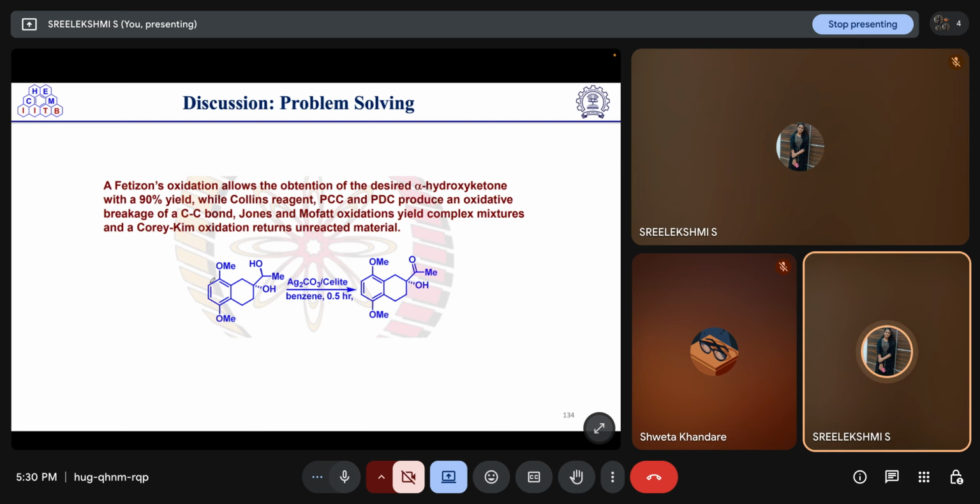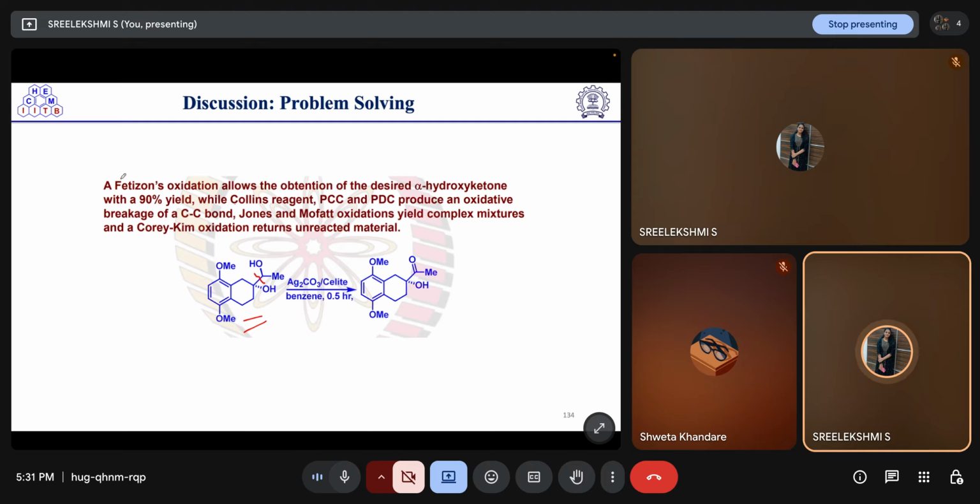Then if this kind of system is there, in the presence of Collins reagent, PCC, or PDC, an oxidative breakage of this carbon-carbon bond can take place. If we are using PCC, PDC, or Collins reagent, we will be getting just the ketone here. But in the case of Swern-type oxidation, they were getting complex mixtures from oxidation of the substrate, and with Corey-Kim oxidation there was no reaction, only starting material remaining.